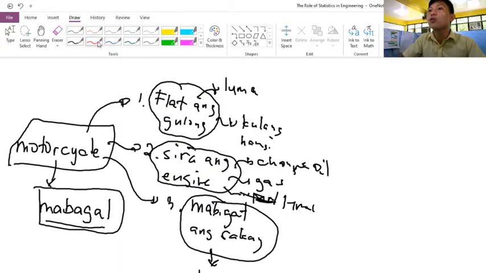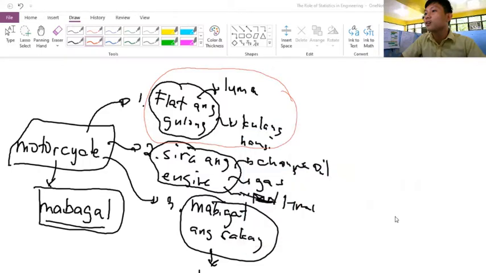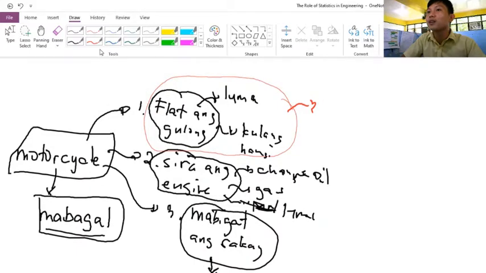Kung flat ang gulong, okay, for example, kapag flat ang gulong, siyempre, i-measure mo yung pressure gauge, which is, wait lang. Mag-draw.